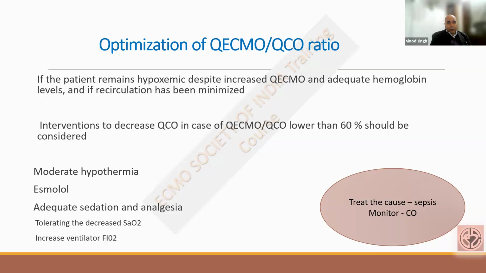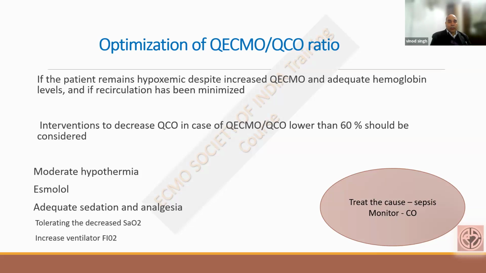So the message is that if you think that the hypoxemia is due to low ECMO flow, or the ECMO ratio of the cardiac output is lower, meaning less than 40% or 50%, then the management is according to the totality of the patient's condition.